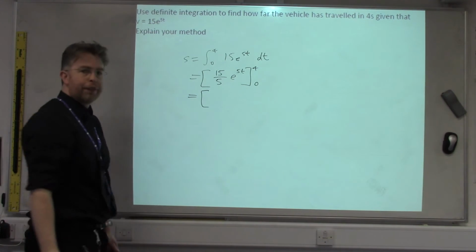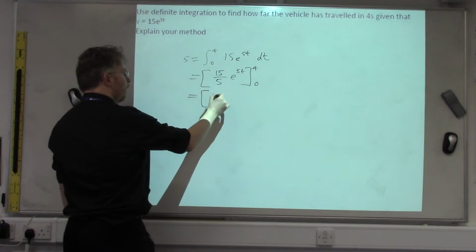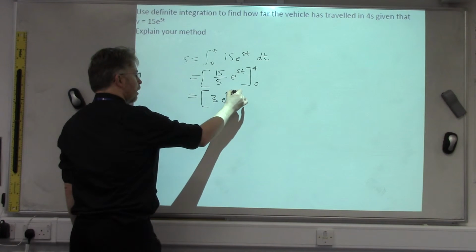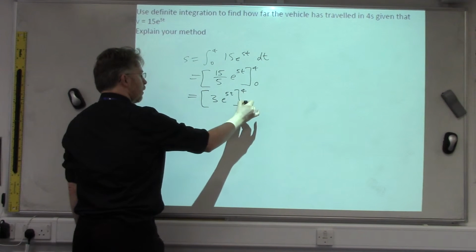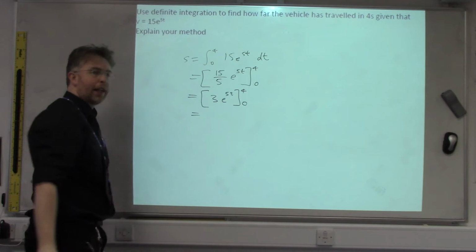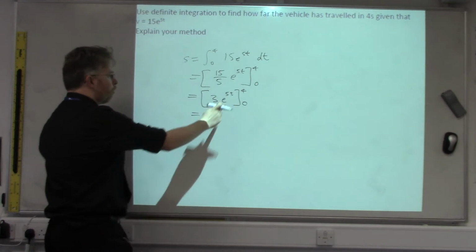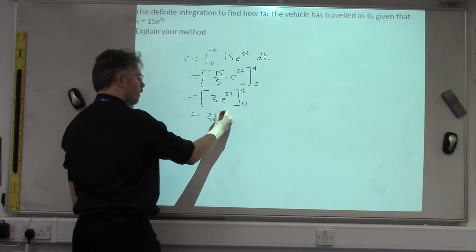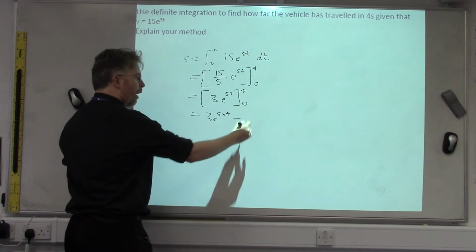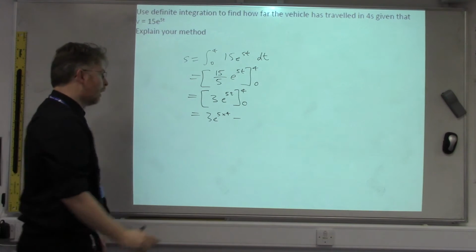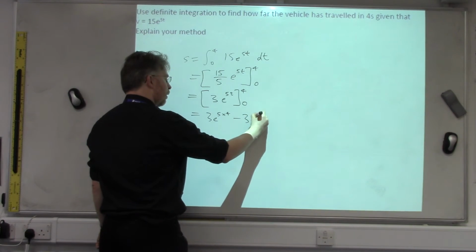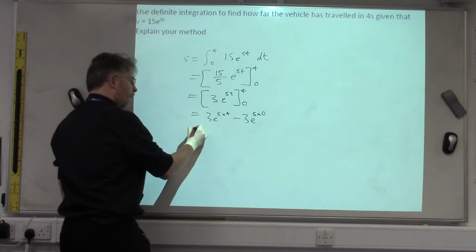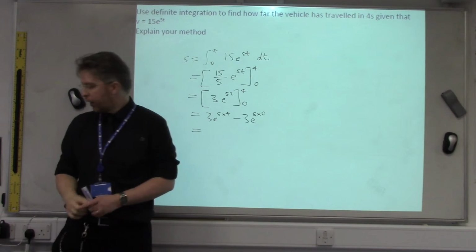Simplifying, 15 divided by 5 is equal to 3. And again, just like the other examples, first we put the 4 in for t, so 5 times 4. Take away, we put the 0 in for t. And we calculate it on the calculator.